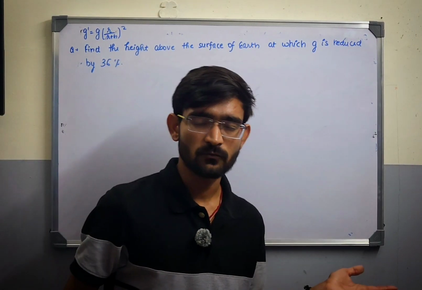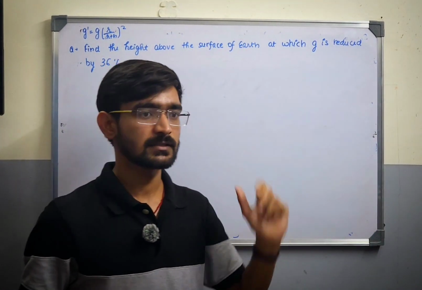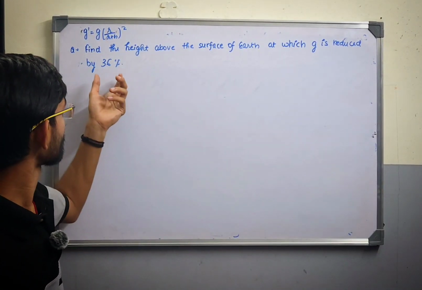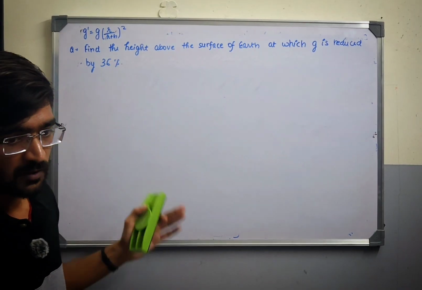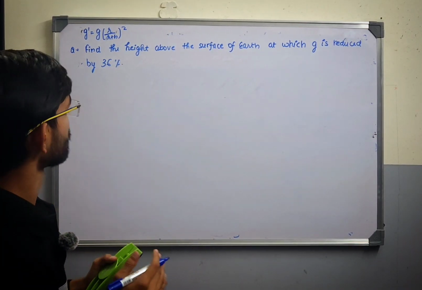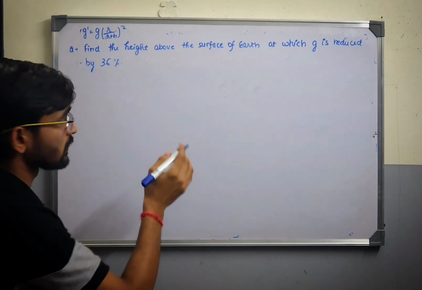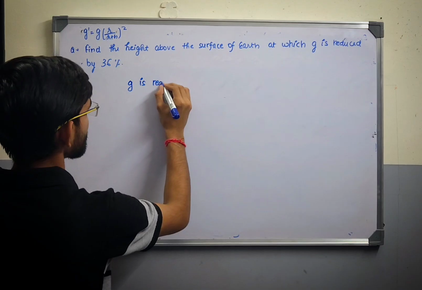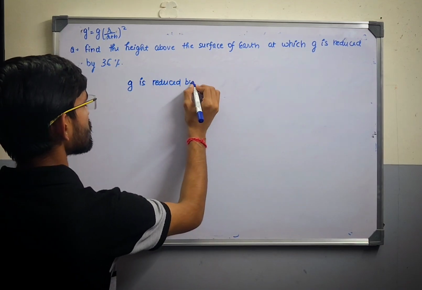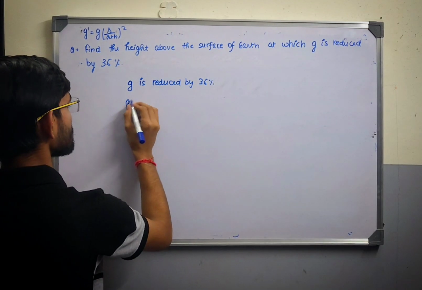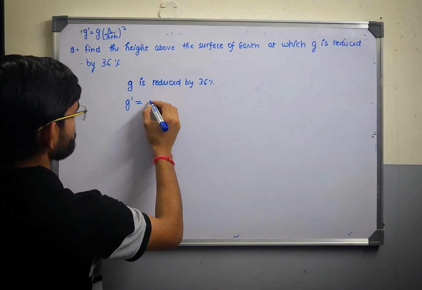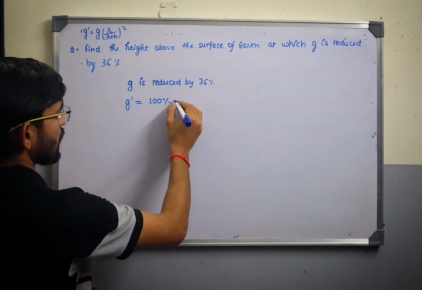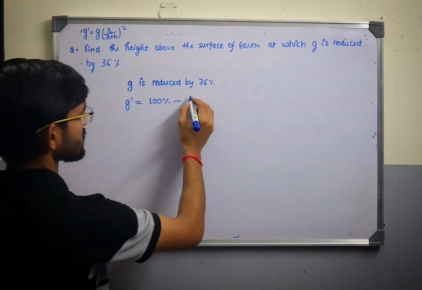As you go above the surface of Earth, acceleration due to gravity decreases. And in this question, you have to find the height at which acceleration due to gravity is reduced by 36%. So we have to find what value of g will be at that point. If g is reduced by 36%, then g' will be, suppose at the surface it is 100%, and at that height h it is reduced by 36%.